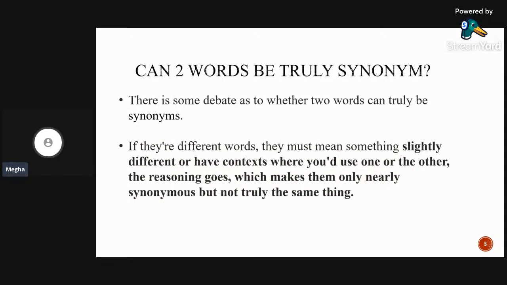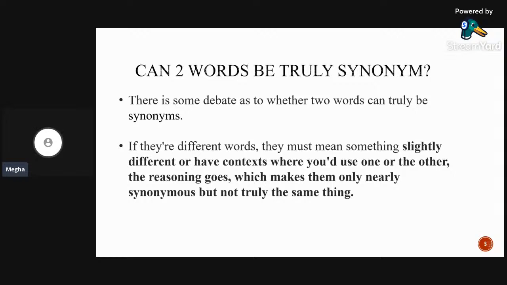So can two words truly be synonyms? There is some debate as to whether two words can truly be synonyms. If they are different words, they must mean something slightly different or have contexts where you would use one or the other, which makes them only nearly synonymous but not truly the same thing.